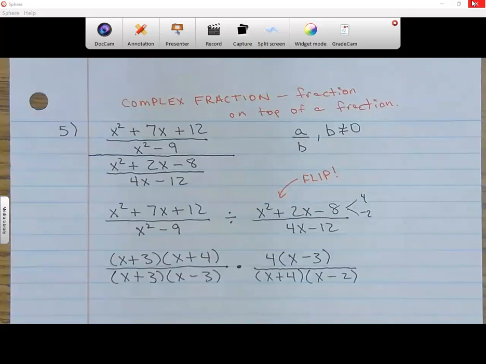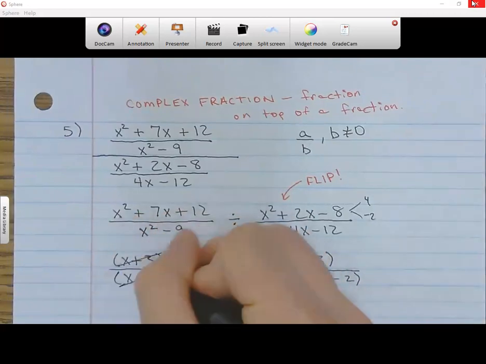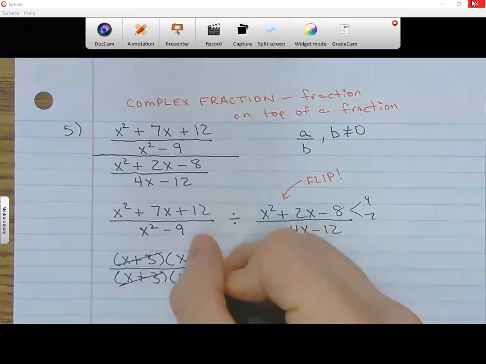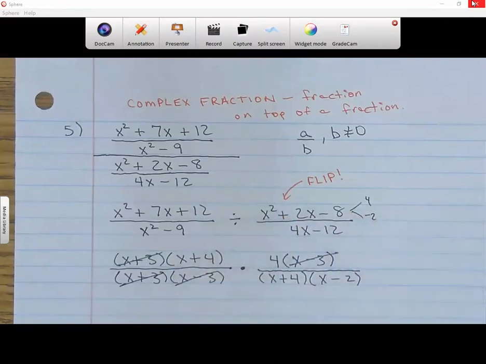Now I multiply and I start cross canceling and canceling up and down. So what matches up on the top and bottom? Well, first of all, I see the x plus 3's match up, so I can get rid of those. What else matches up? The x minus 3's, right? Here and here. And what's the last thing that's going to cancel out?